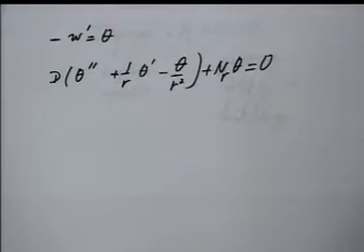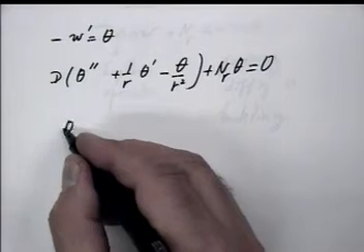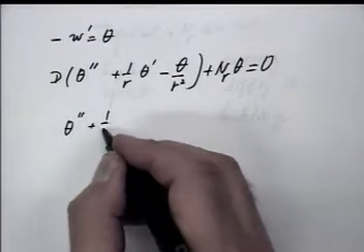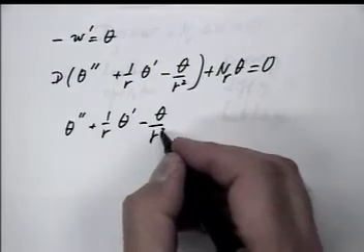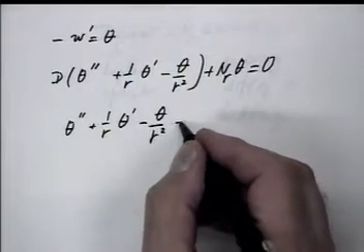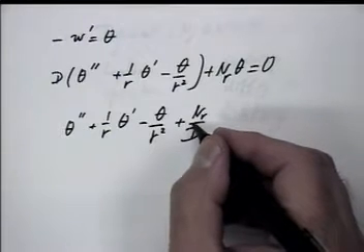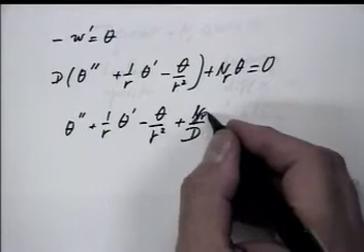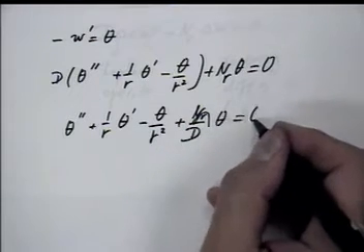Now we divide it by D, and we get theta double prime plus 1 over r theta prime minus theta over r squared, and then plus NR over D, where this R is just an index, not a product, times theta equals 0.